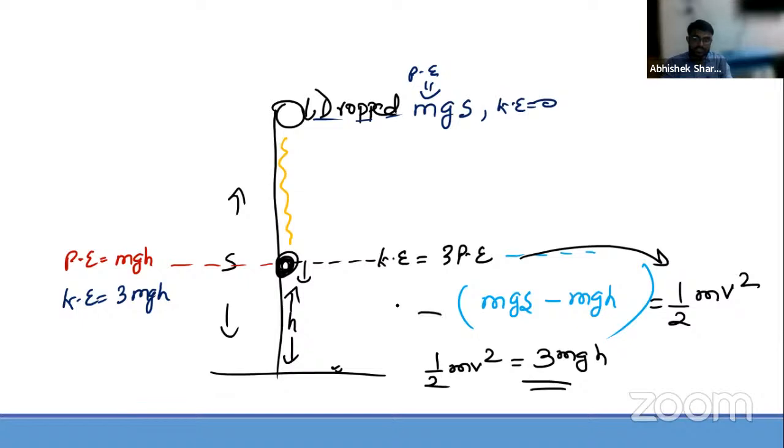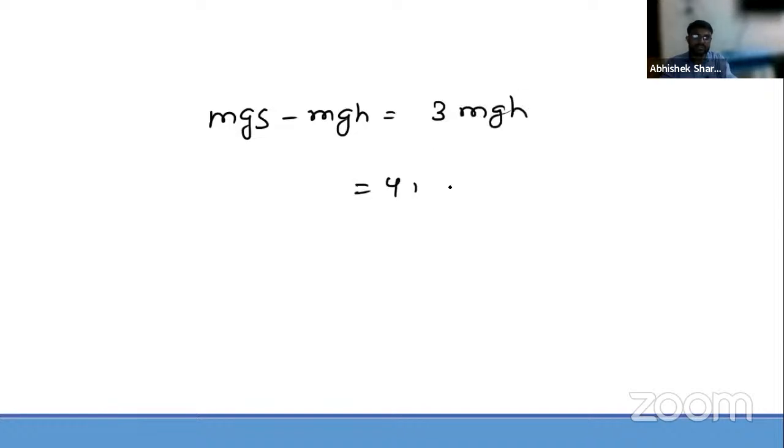So we'll use both these equations and find the answer. So we get mgs minus mgh is equal to 3 mgh, which is 3 times the kinetic energy term, so 4 mgh equals mgs. Cancelling mg, s by 4 is the height.